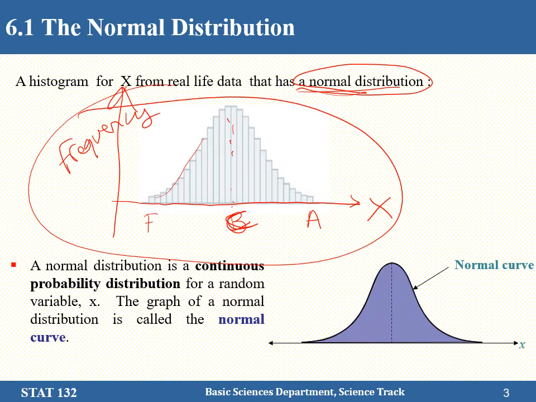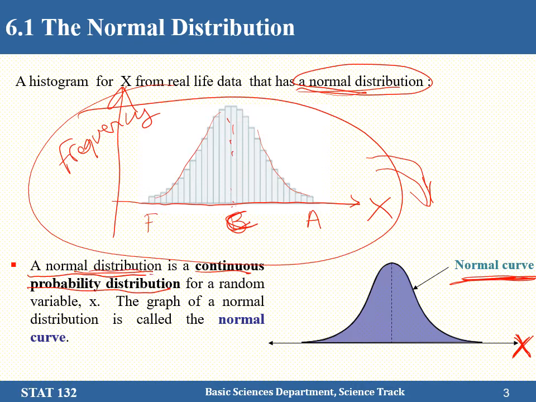With this shape here, in real life we always face this type of distribution. After doing some mathematics, we can make this a pure mathematical curve, the normal curve, and x will be just a random variable here. This type of distribution we call a continuous probability distribution, and if it has this shape particularly, it's called a normal distribution.